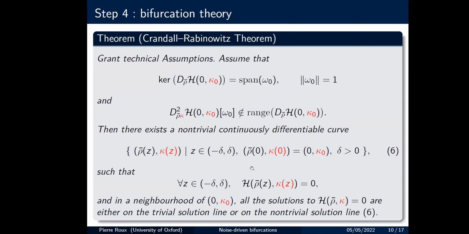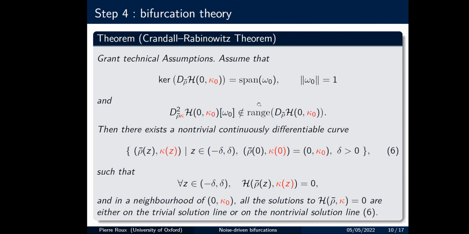So don't dive into it too much, just you have 2 hypotheses: the kernel of the Fréchet derivative of the functional is 1-dimensional, and the vector that supports it, if you apply the cross derivative in rho bar kappa, doesn't belong to the image of the rho bar derivative.